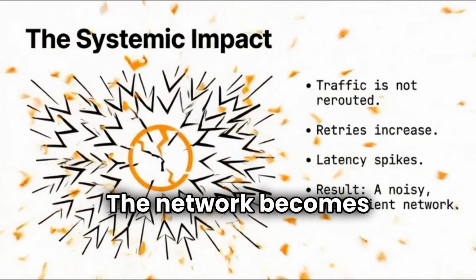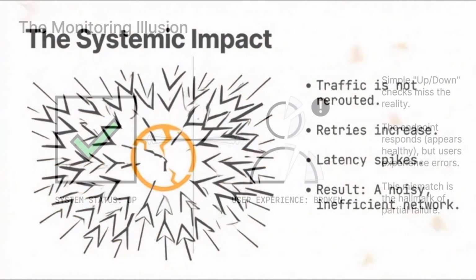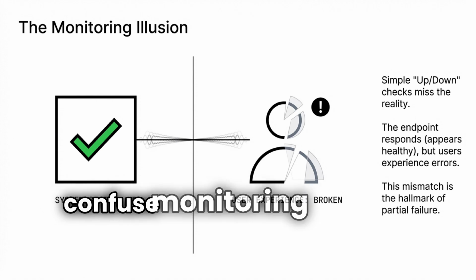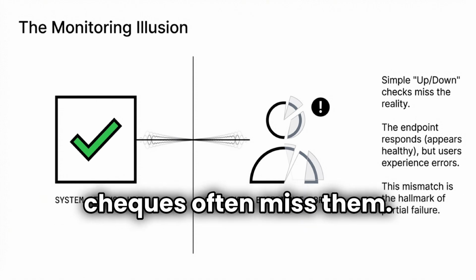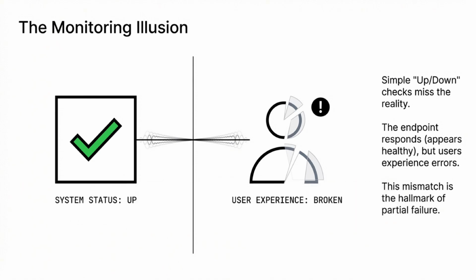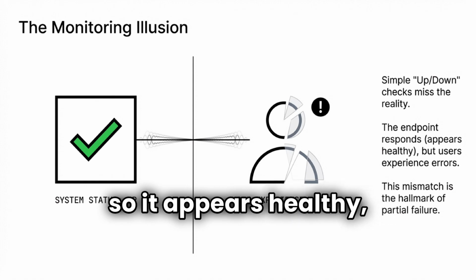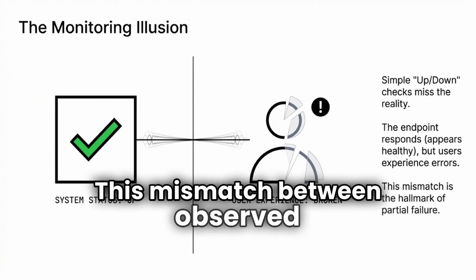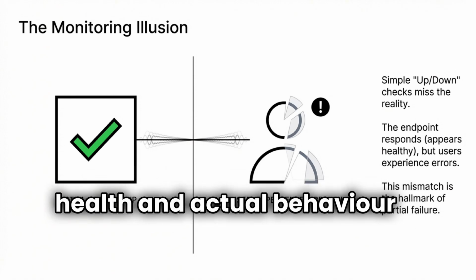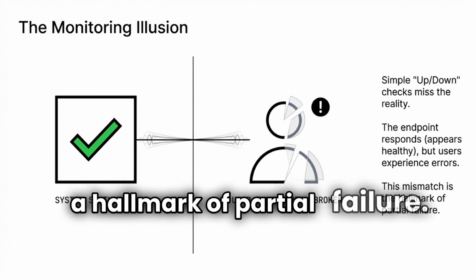The network becomes noisy and inefficient. Partial failures also confuse monitoring systems. Simple up or down checks often miss them. The endpoint responds, so it appears healthy. But users experience errors. This mismatch between observed health and actual behavior is a hallmark of partial failure.